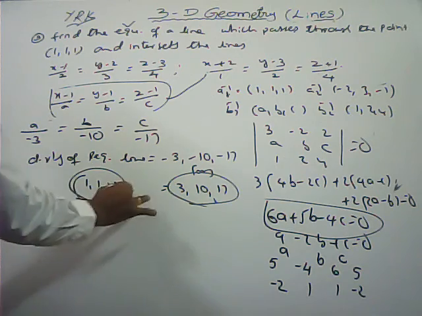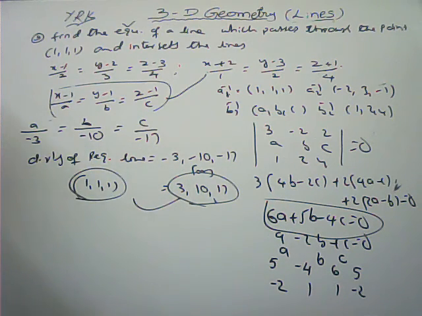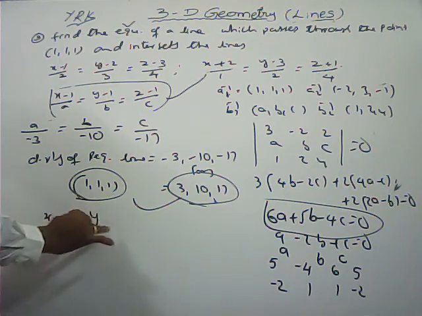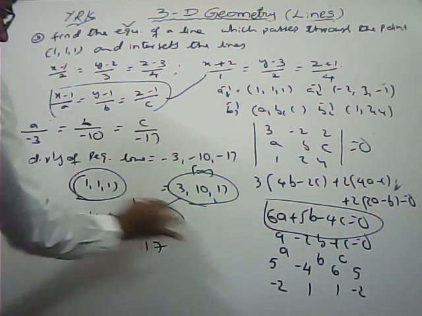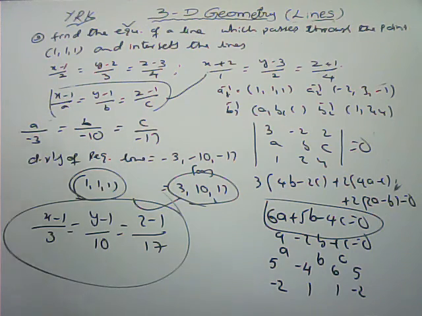Here the point is given and the parallel ds we got. So the equation of the required line is x minus x1 by a, equals y minus y1 by b, equals z minus z1 by c. This is the equation of the required line. Different conditions are there to find the equation of the line, depending upon the question.